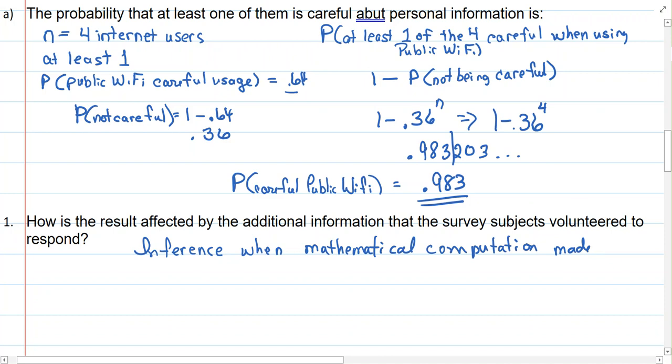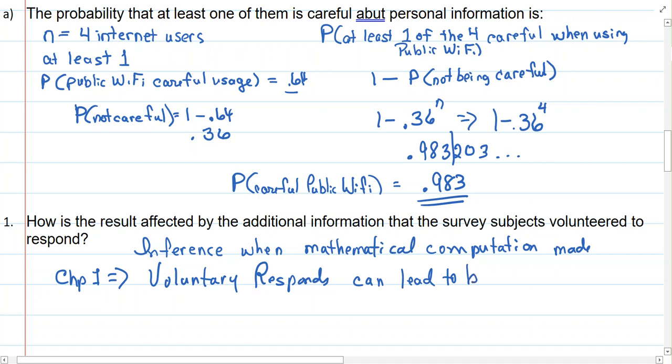How is the result affected by the additional information that the survey subjects volunteered to respond? Well, in chapter 1, we knew that this one is a voluntary response and leads to bias. In other words, you choose to respond.